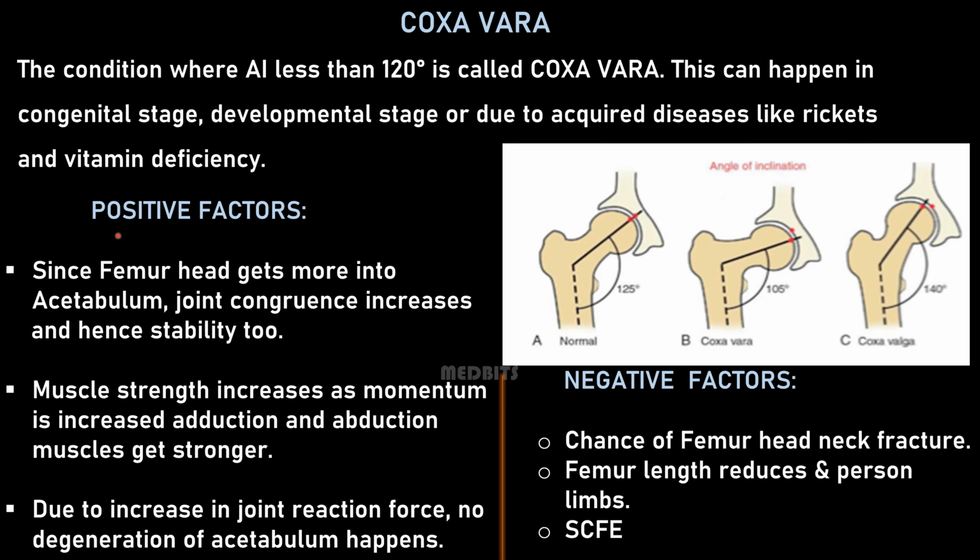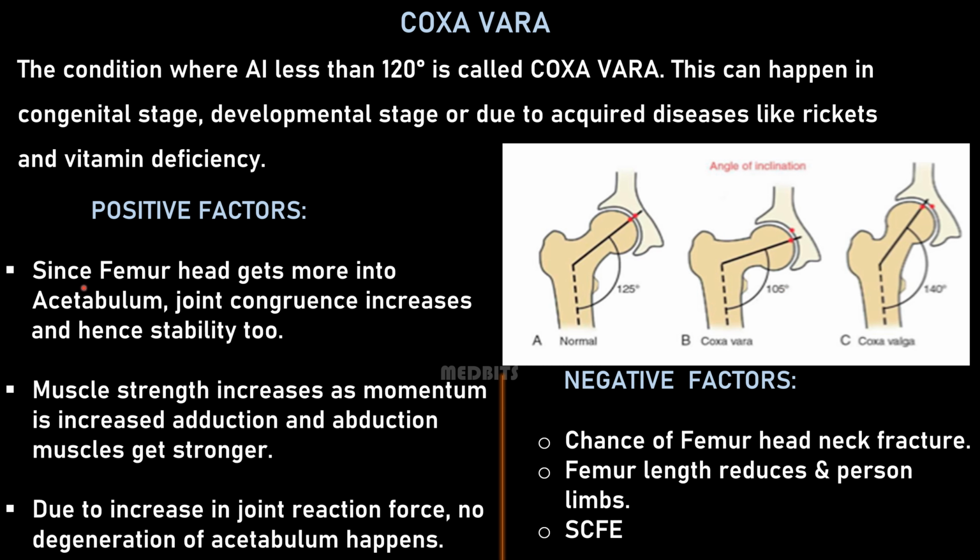Here we have two factors, positive and negative. Let's start with the positive factor. As you can see here, this is the normal angle of inclination, which is 125. Here it gets less, so it goes to 105.